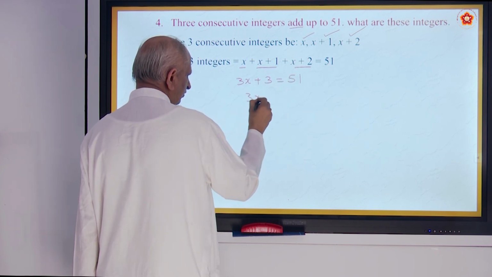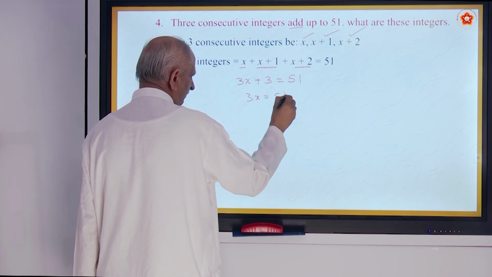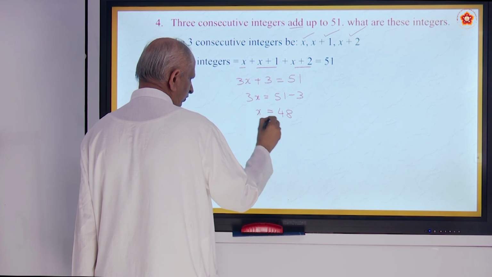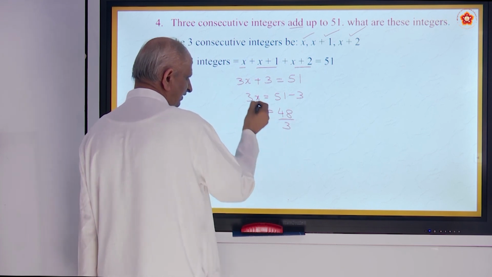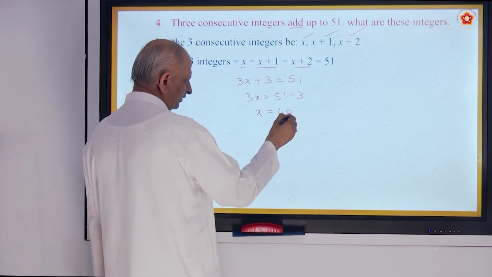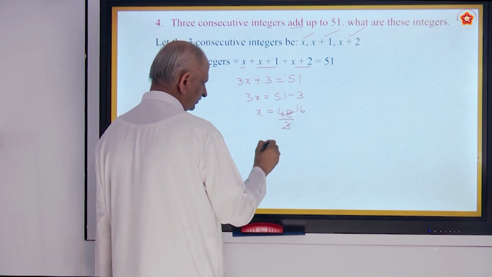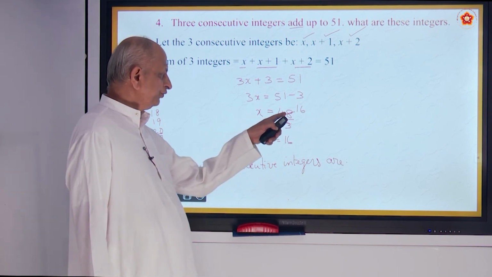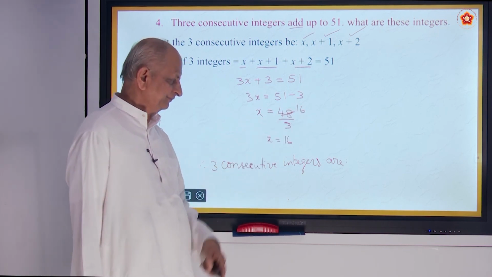So, 3x is equal to 51 minus 3, that is 48, x is equal to 48 by 3. The 3 is multiplied here, bring it to the right hand side. 3 sixteens are 48, so x is equal to 16.